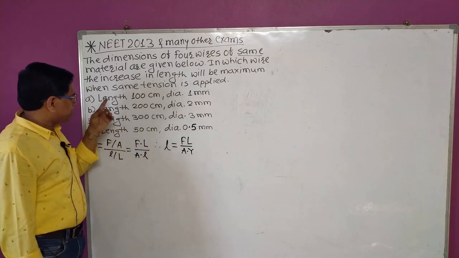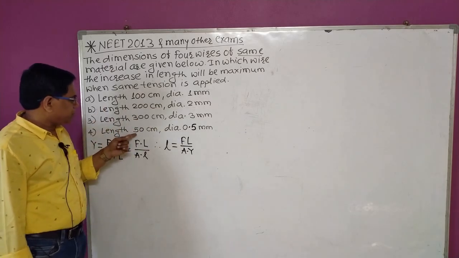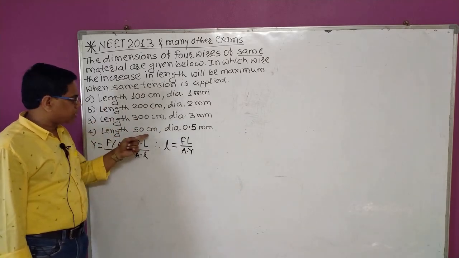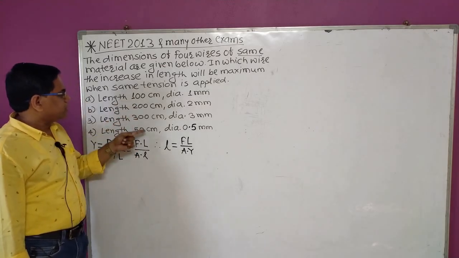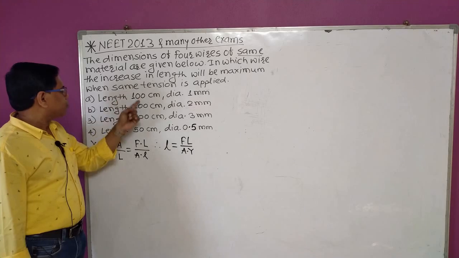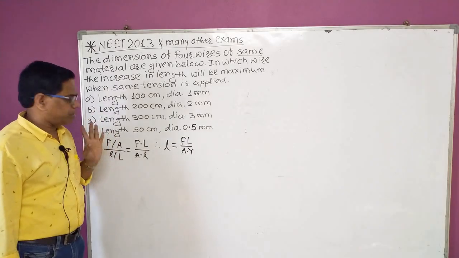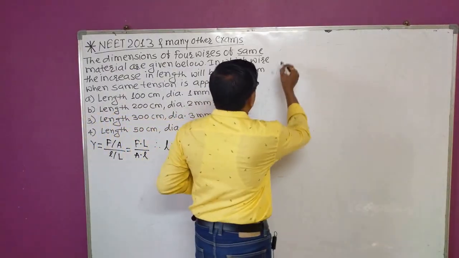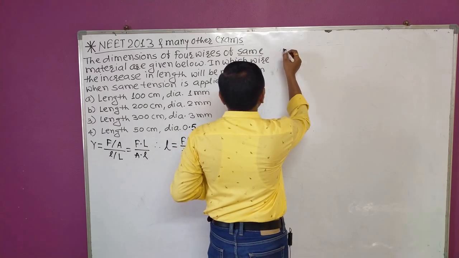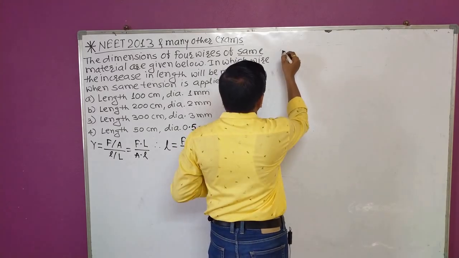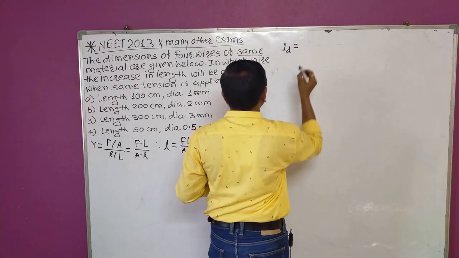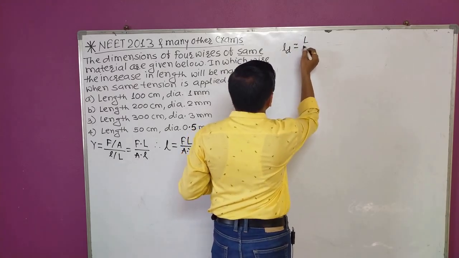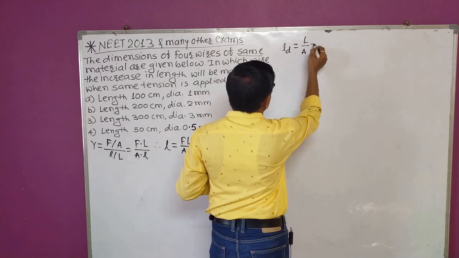If we compare the data of these 4 wires, the minimum dimensions are for the 4th wire. So we'll take this as the base and calculate the strain in terms of this base value for wires A, B and C. So in wire D, LD will be equal to the length of the wire upon its cross sectional area.